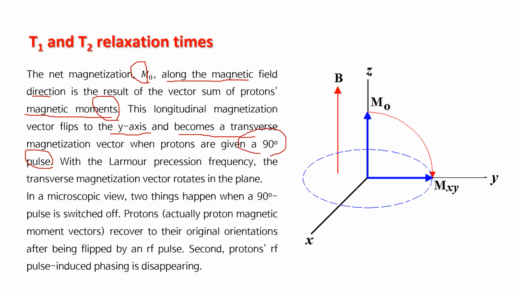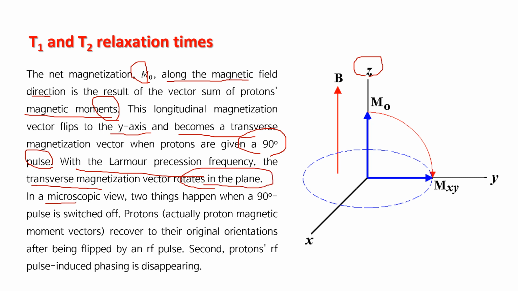The transverse magnetization vector rotates in the plane with the Larmor precession frequency.